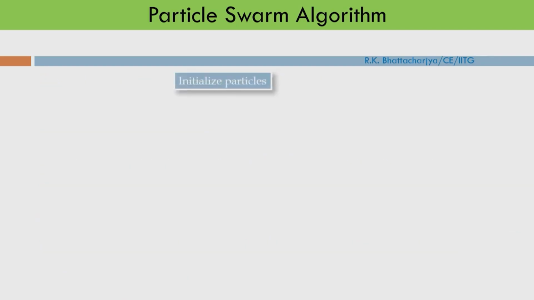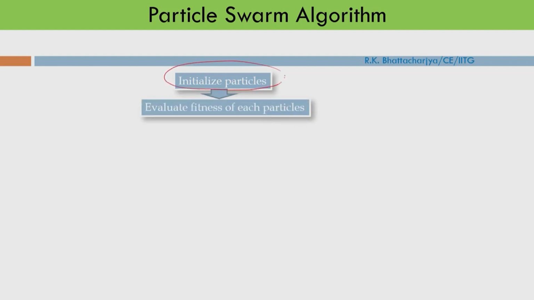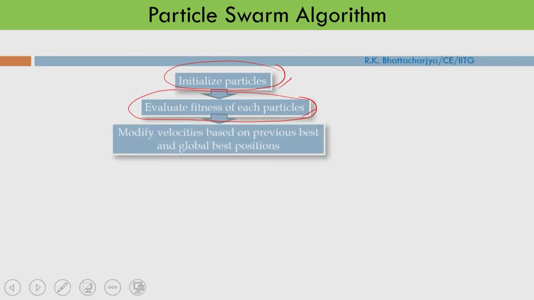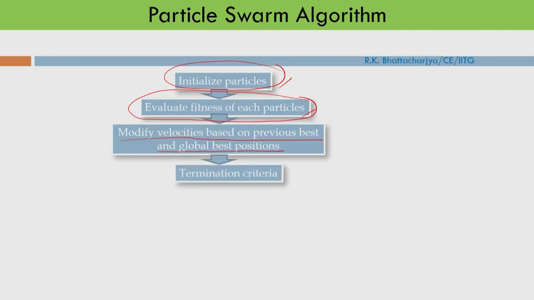This is the flow chart of the particle swarm optimization algorithm. We initialize the population, and the next step is to evaluate the fitness of each particle. Then we modify the velocity based on the previous best and global best position.